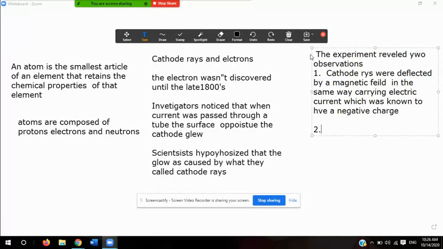And the second observation was that the rays were deflected away from a negatively charged object.